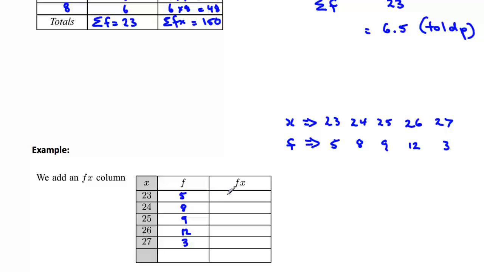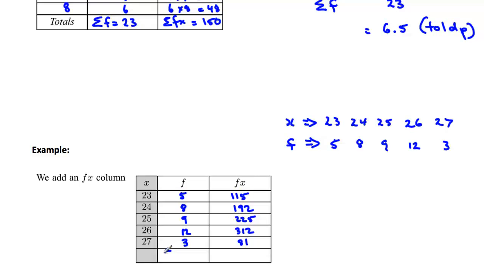And when we multiply these together, you can do this as well. You could stop the video if you like and do this yourself. Here we go. 115, 192, 225, 312 and 81.